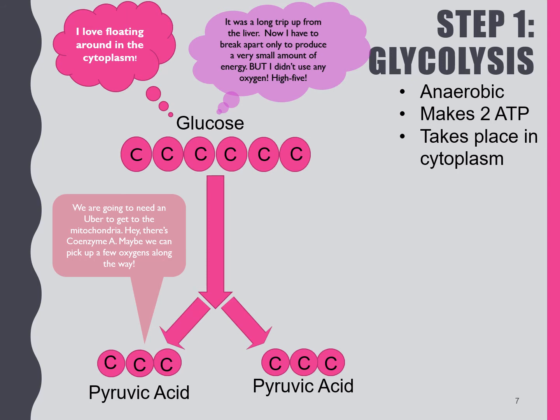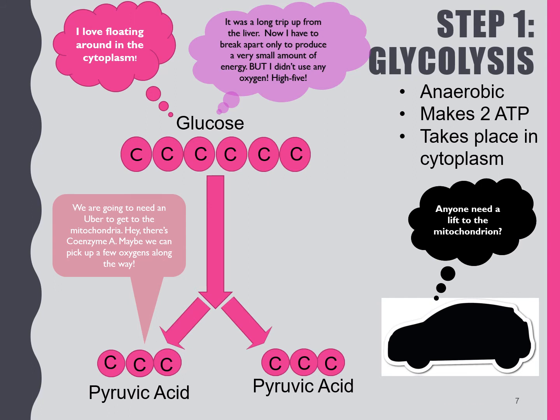into the mitochondria. So there is a very helpful enzyme called coenzyme A, and it's kind of like the Uber ride for the pyruvic acid, all right? So they are going to get on their cell phones and get an Uber. No, coenzyme A is floating around in the cytoplasm, and it is going to join up with pyruvic acid.